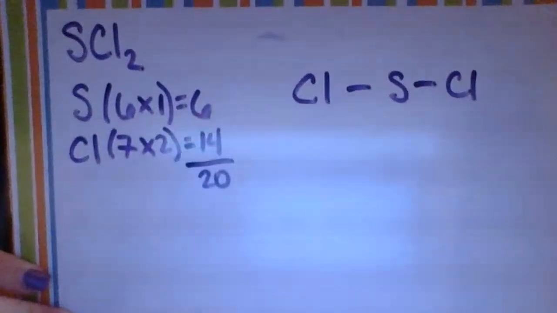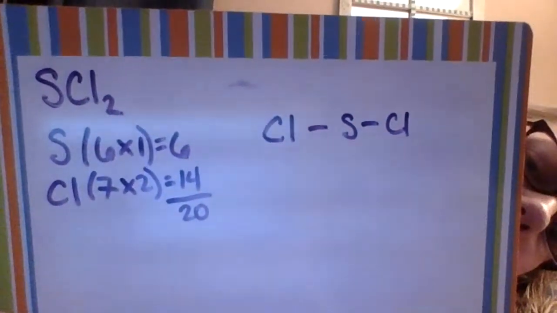So we're going to start out with Cl-S-Cl. That is the basic structure we're beginning with. Now we're going to start adding the valence electrons around our ends.